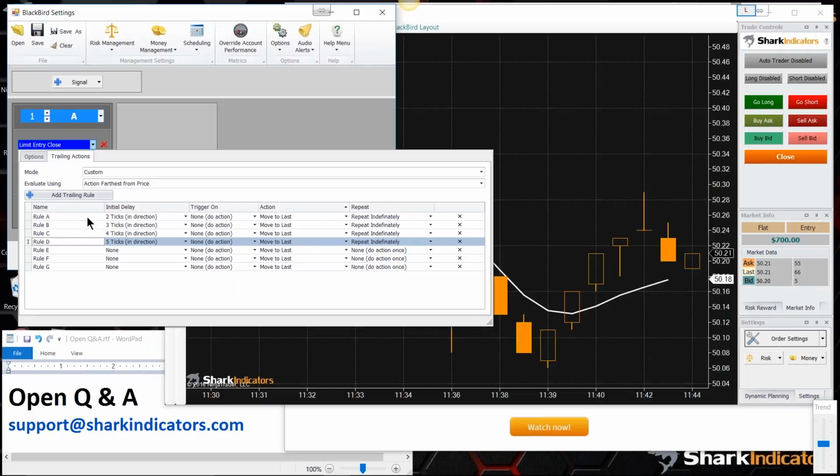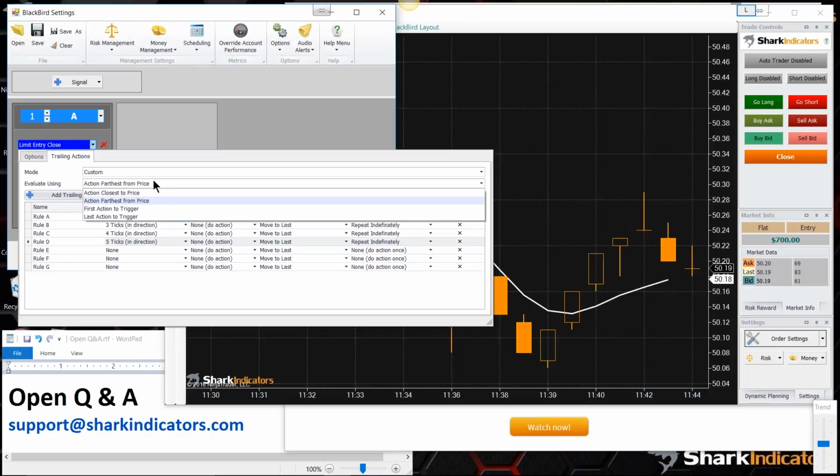So we've got four different rules all trying to move my order to someplace different. So you have to set up a priority or a hierarchy of which rule actually has the priority to move your order. Out of these A, B, C, and D, which one has the priority? And that's what the evaluate using determines.